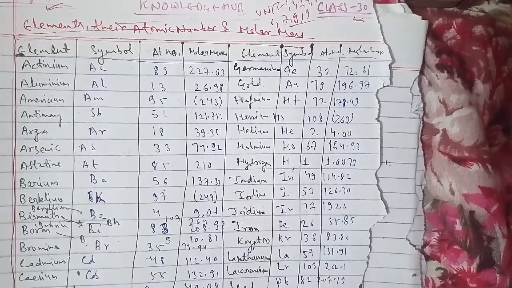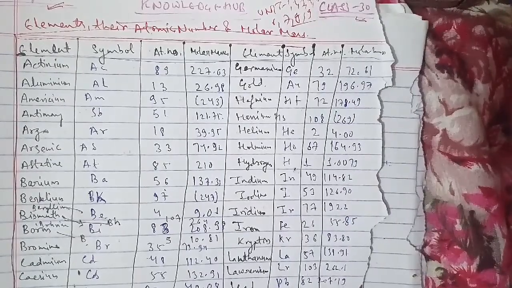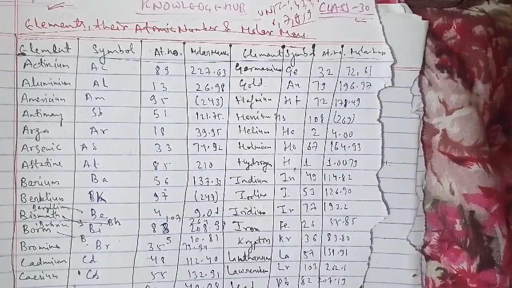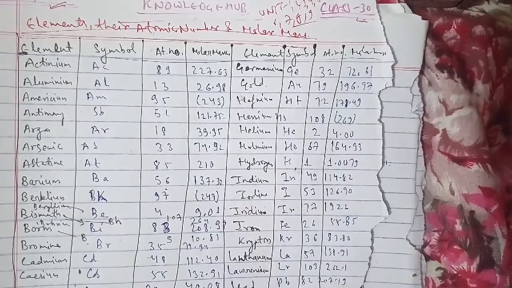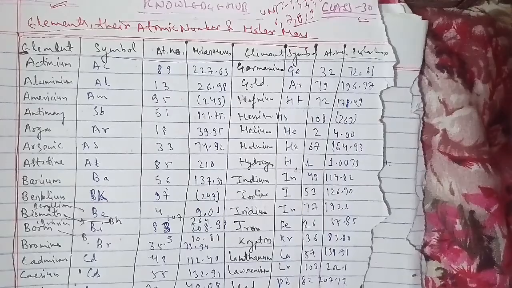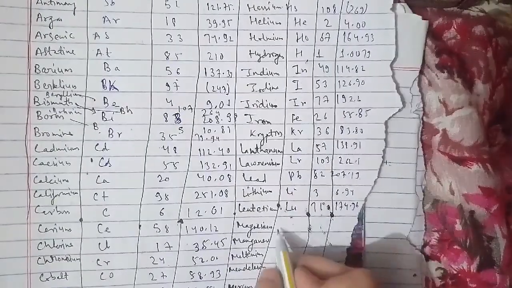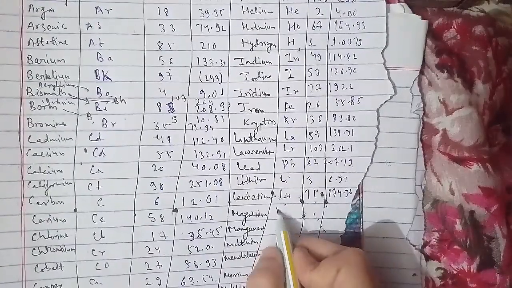200.59. We have next your molybdenum, Mo, atomic number is 42, this is 95.94. Next is your neodymium, which is Nd, this is 60, 144.24.